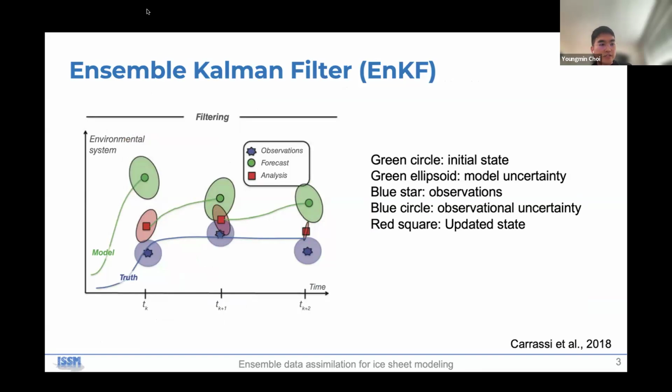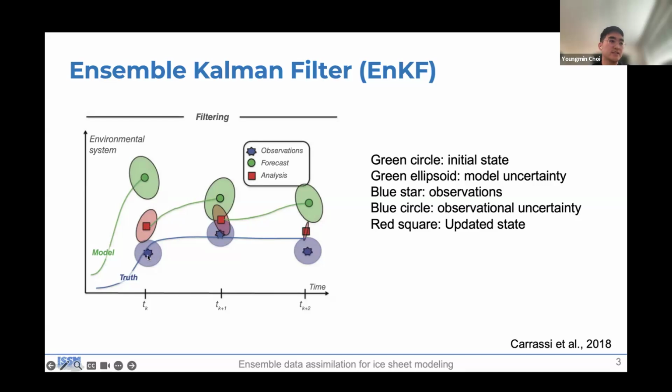To briefly show how this ensemble Kalman filter works in this figure, the model state and uncertainty are represented by this green circle and this oval shape, and they are propagated forward until a point where observations are available, represented by these blue stars here.